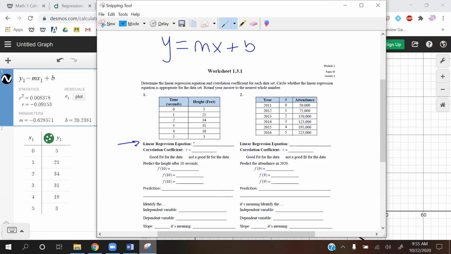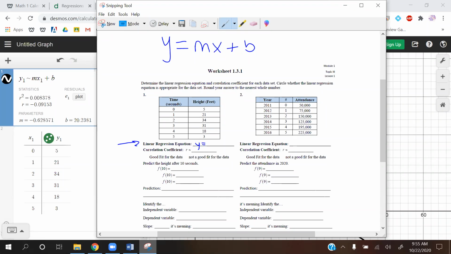Wait, where do we write this? Do you have the worksheet? You write this on the worksheet. Do you see that I'm writing it and it disappears?